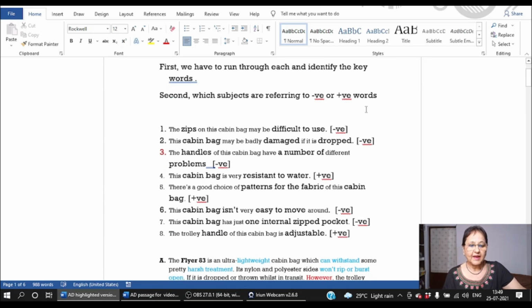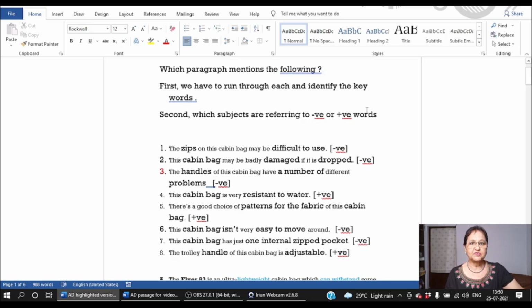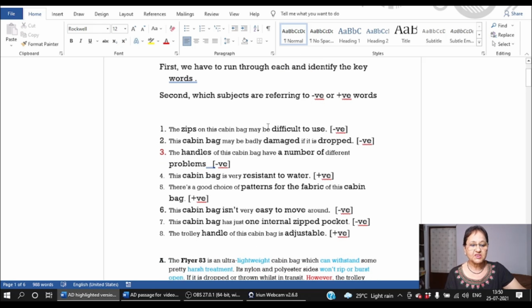Now, which paragraph mentions the following? First, what you are expected to do is run through each one and identify the keywords. Second, identify which subjects refer to negatives or positives, because the heading is telling us indirectly about the different cabin bags that people buy and use for their air travel, and at the same time, what are the pluses and the negatives.